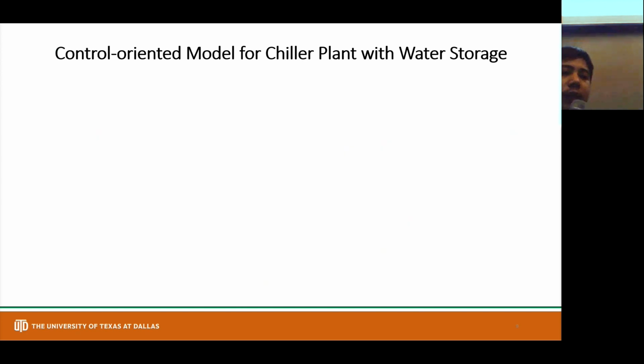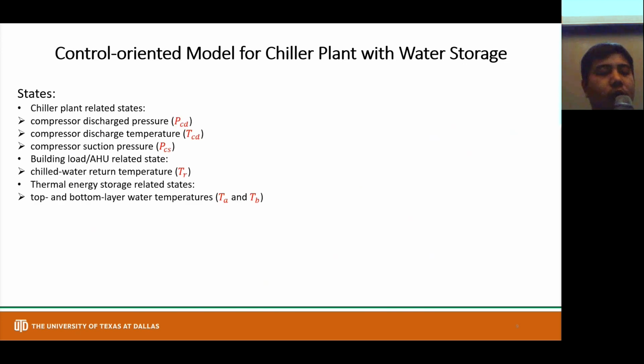So as a model-based control, like MPC, we need a controlling model for the integrated system. Here we design the data-driven model, and first we select the dynamic states for this controlling model. For this study, we select 6 states. There are 3 states related to the chiller plant, which are the compressor discharge pressure, the compressor discharge temperature, and the compressor suction pressure.